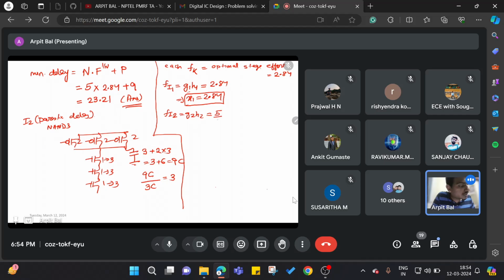So G2 is 5 by 3 into H2 is X2 by X1, that is equal to 2.84. This implies, from whatever value I obtained for X1 in the above case, I'll substitute that here. So I'll have X2 equals 2.84 into 2.84 into 3 by 5, that is equal to 4.84.